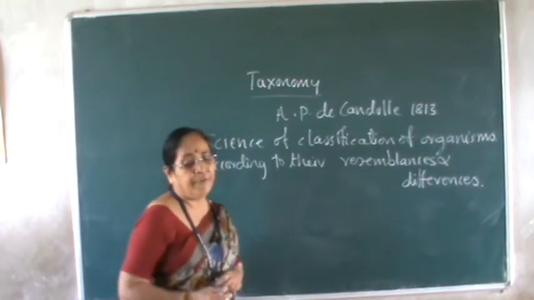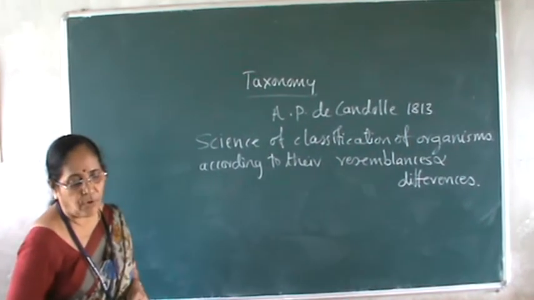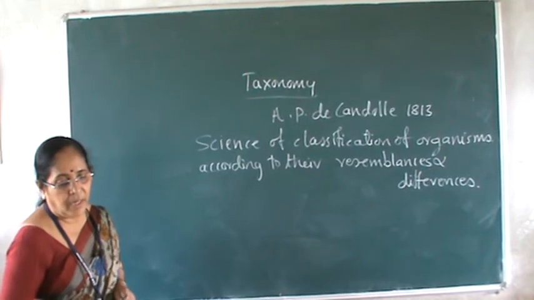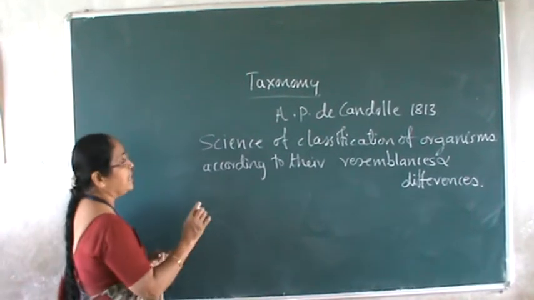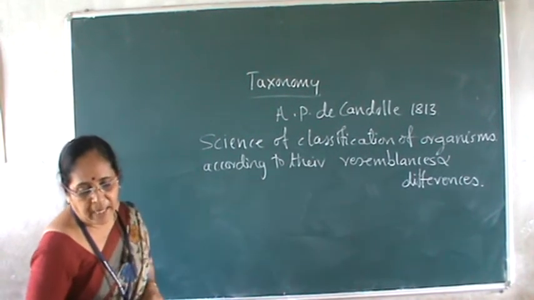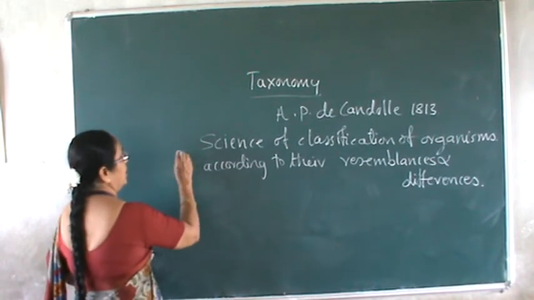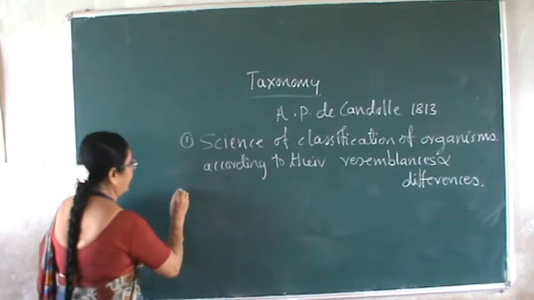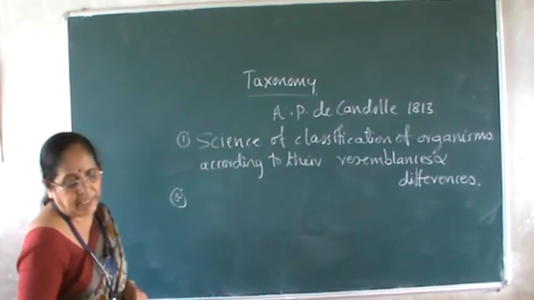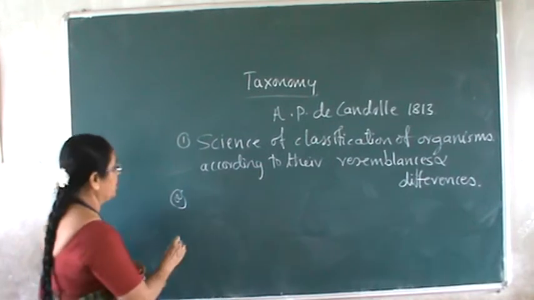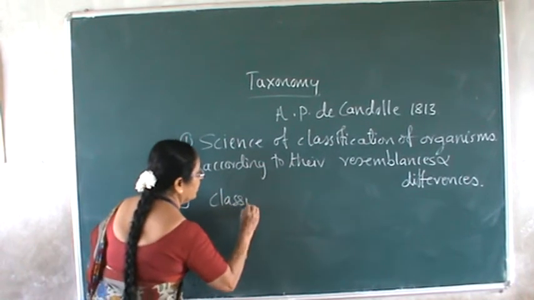That is the definition for the word taxonomy. Or taxonomy is the science of classification and relationship of organisms. Otherwise, taxonomy is a science of classification and relationship.